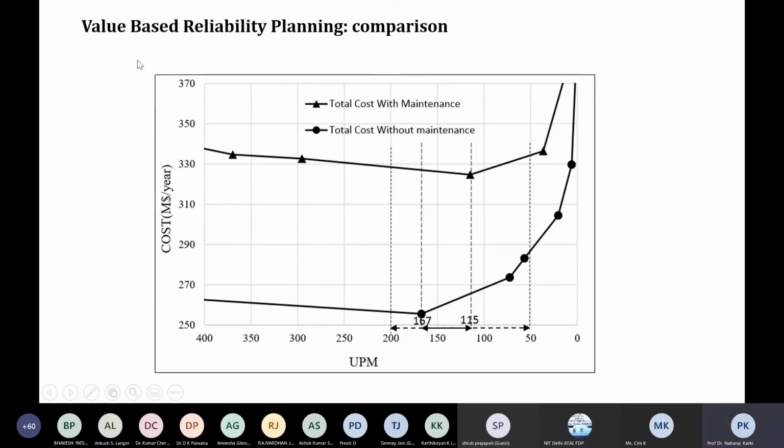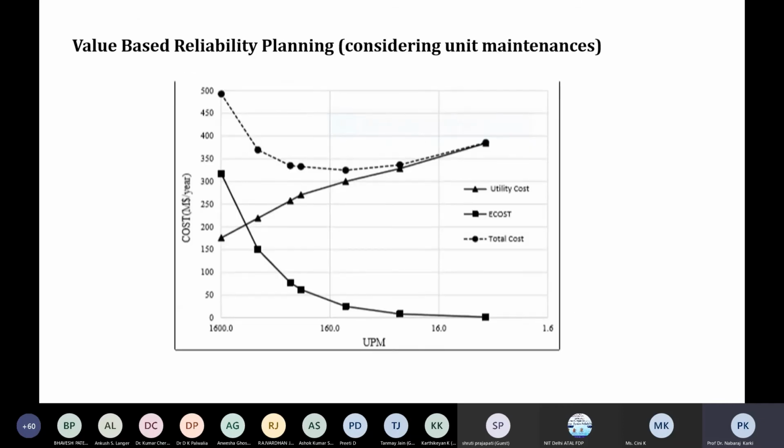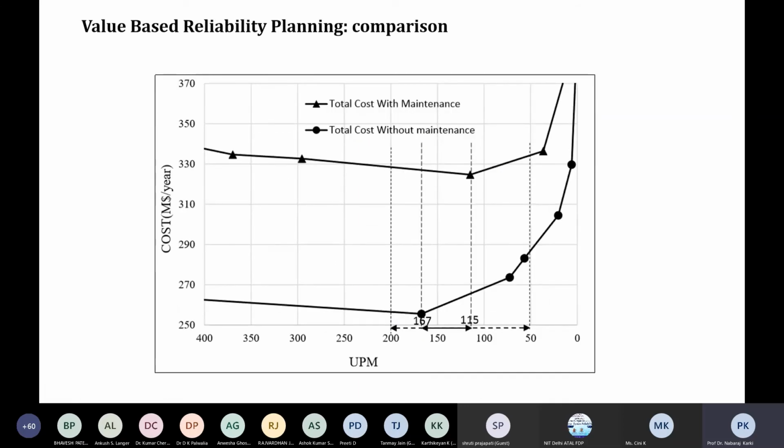If you vary your outage cost or customer interruption cost, this curve will also vary, and that will cause a change in this total cost curve also. So your decision will then change. As the cost of interruption changes, your decision has to change.